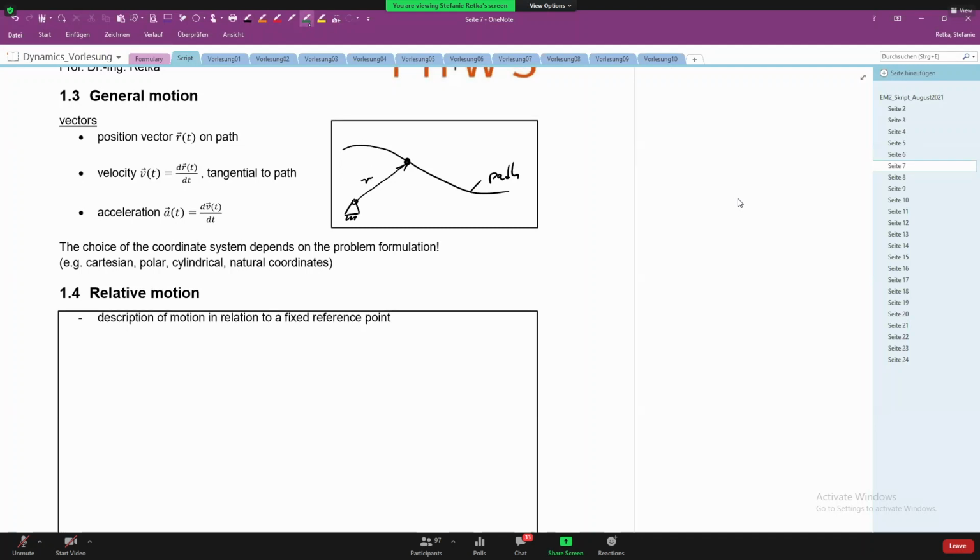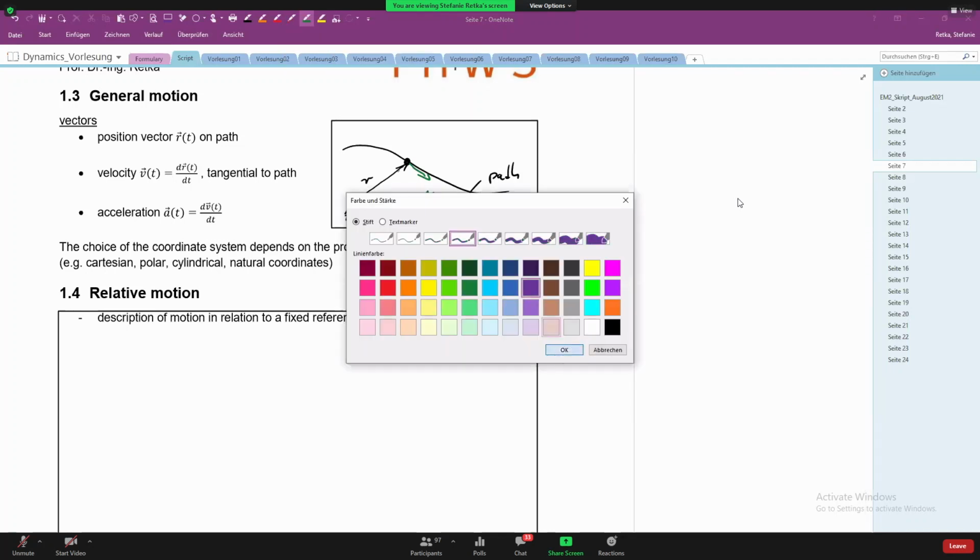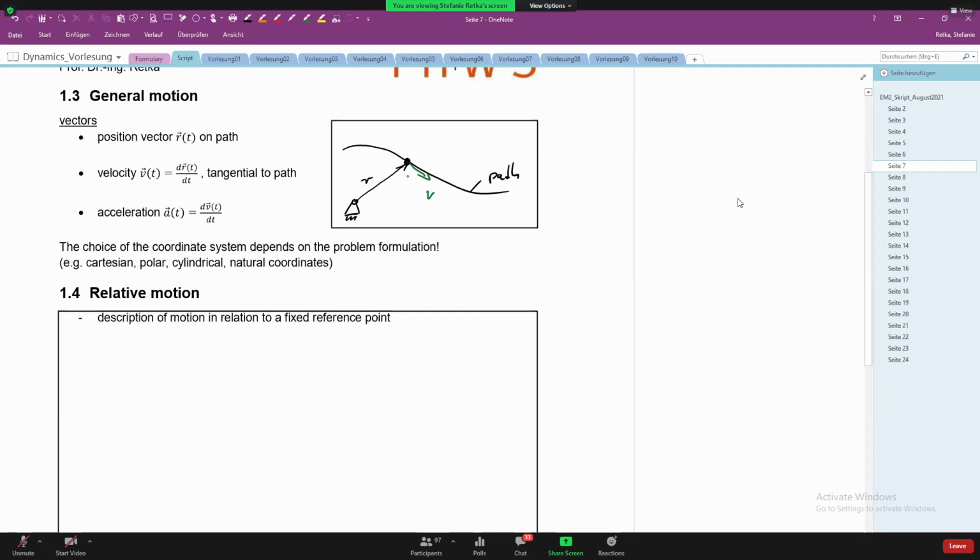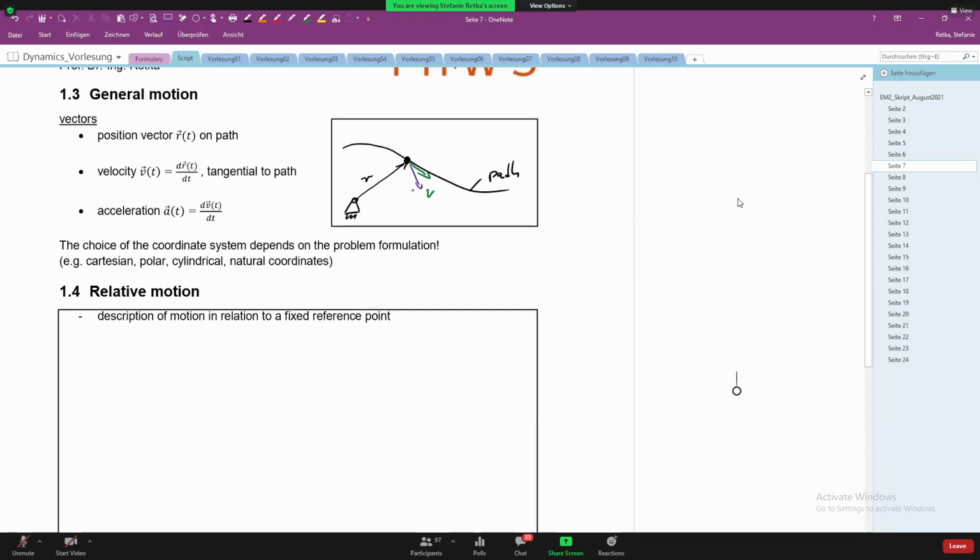And then again, we always have a velocity tangential on the path, and we have normal and tangential acceleration, which sums up to an absolute acceleration, which may point, maybe here. Okay, it's just very simple.